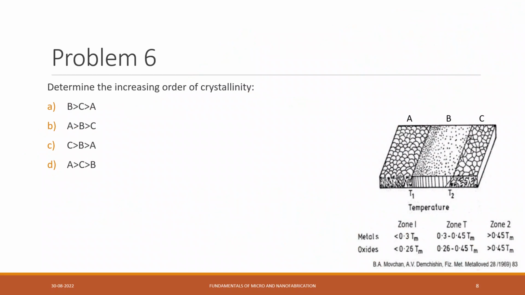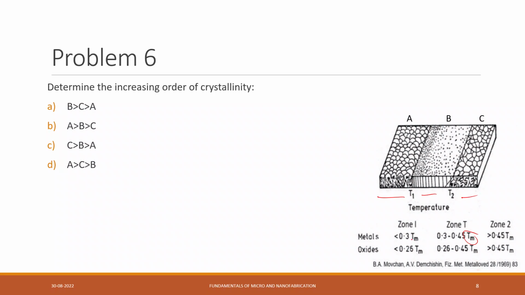If any doubts, you can ask. So this is problem 6. This is a diagram that you must have seen in the PVD section. While we are doing PVD, there are three zones, and the three zones have different temperatures. TM here means the melting temperature.